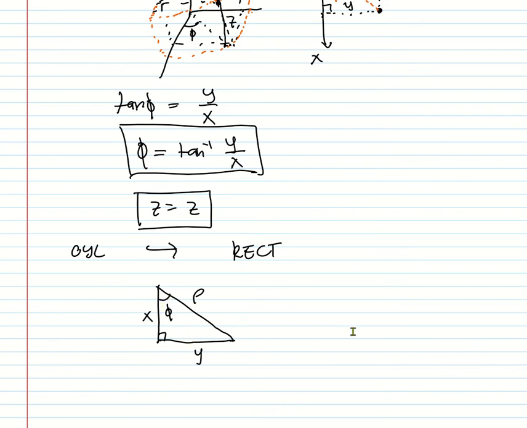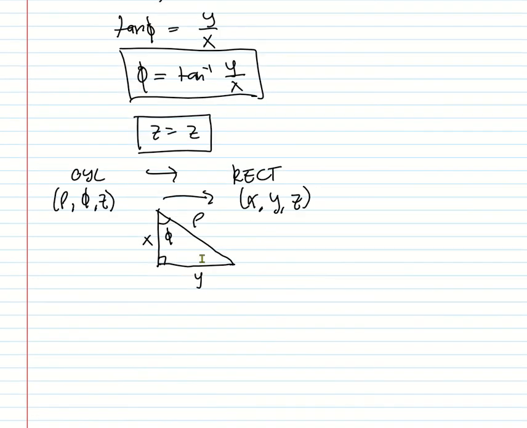This time, we want to solve for x, y, and z. We're given the cylindrical coordinates rho, phi, and z. So what will be x? We base it again on the drawing, the right triangle. If I solve for x, given rho and phi, what will be the function that relates x, rho, and phi? Phi is the angle, rho is the hypotenuse.